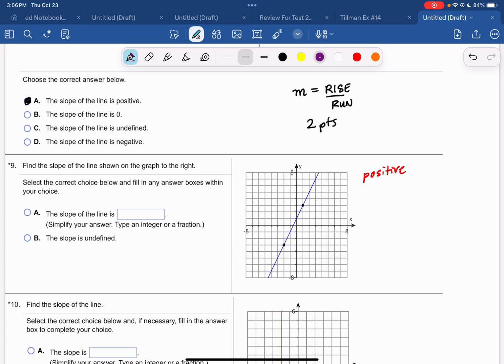And then we're going to count 1, 2, 3, 4, 5, 6. So I went up 6, and now I'm going to go 1, 2, 3 to the right 3. So this slope is a ratio of 6 to 3. And you know, you can divide 6 divided by 3 is 2.